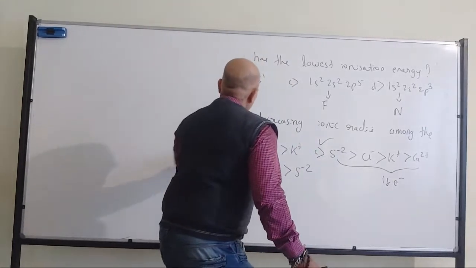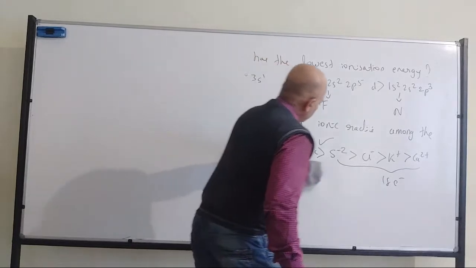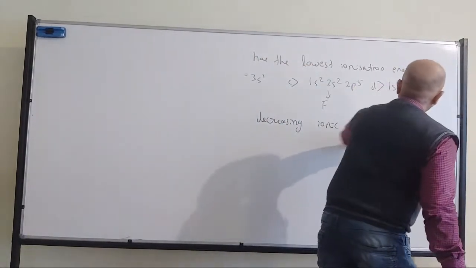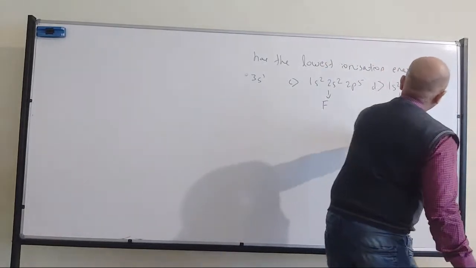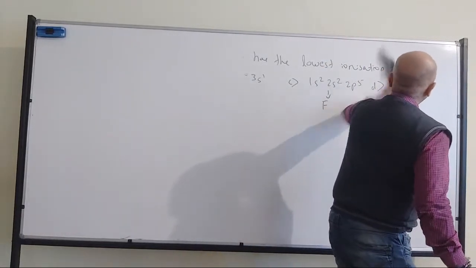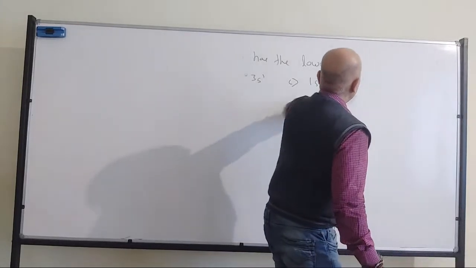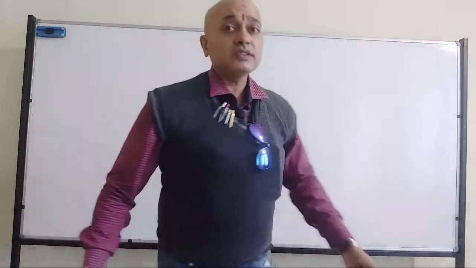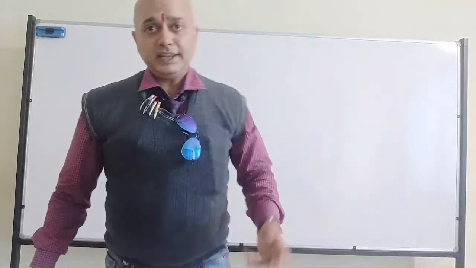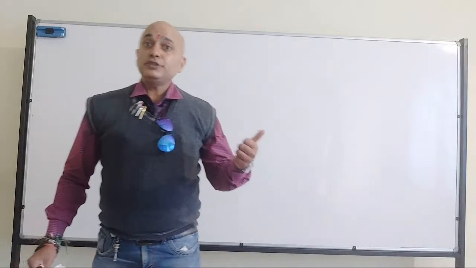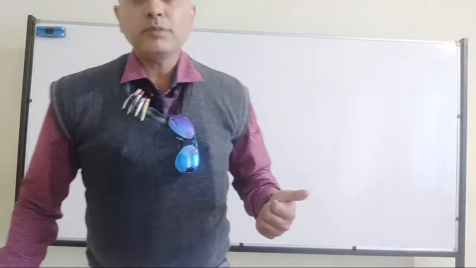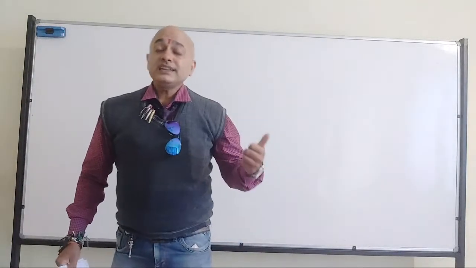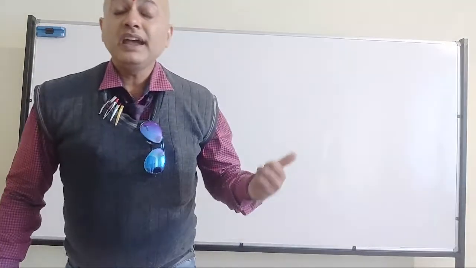The major part they have covered is related to isoelectronic species, then electronic configuration. Some questions focus on electronic configuration, so you should know the atomic number, because to write the electronic configuration you need the atomic number.